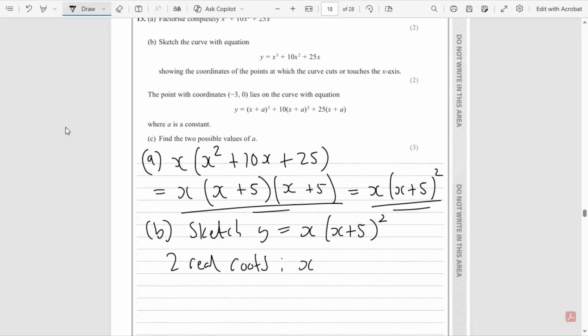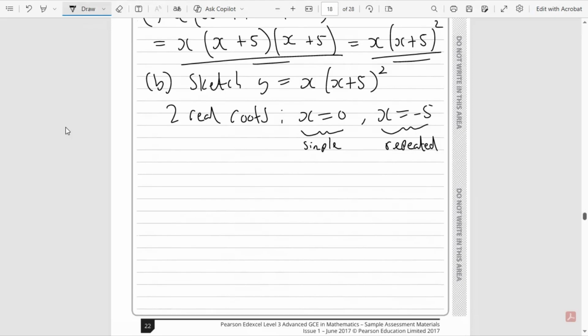And those roots are x equals 0 and x equals minus 5. Now, this first root is a simple root, so this is just a root where on our graph, the graph will cross through x equals 0. And this root over here is a repeated root. So the graph will touch x equals minus 5.